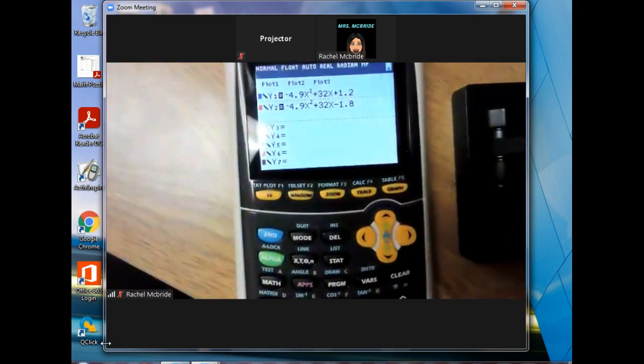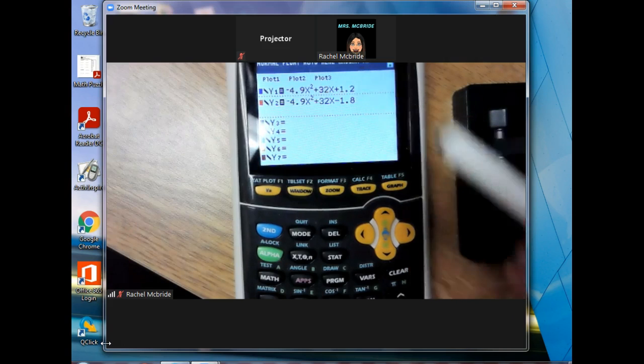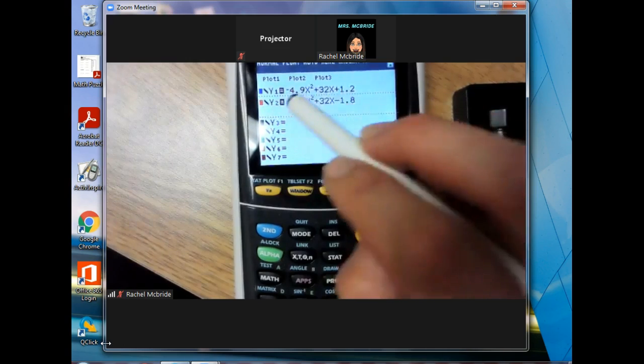So again, you want to get your equations in y1 and y2. Knowing what we know, what should I know about the equation in y2?